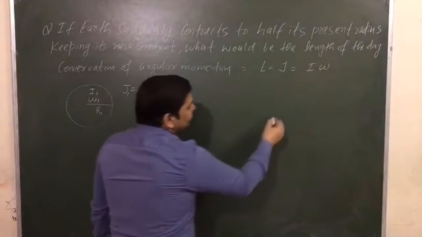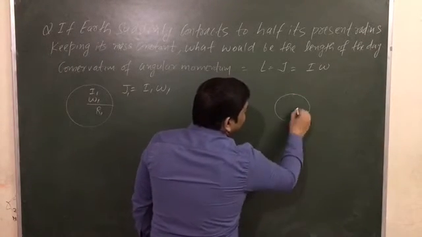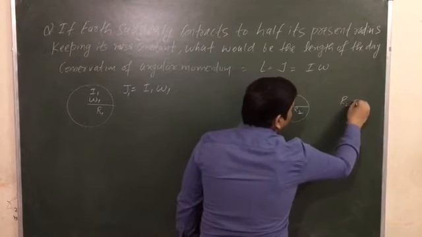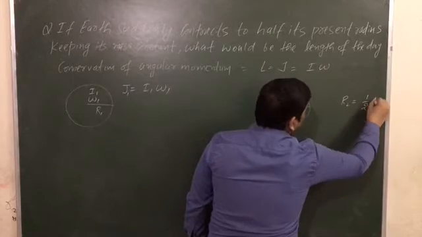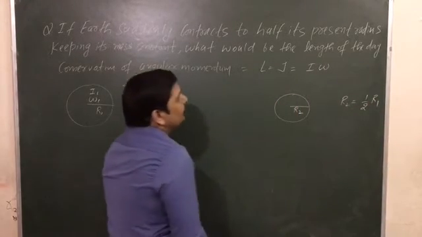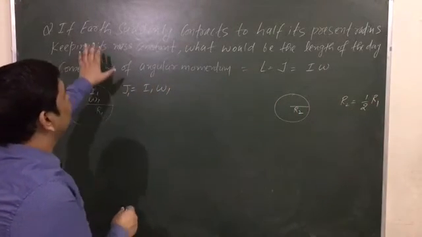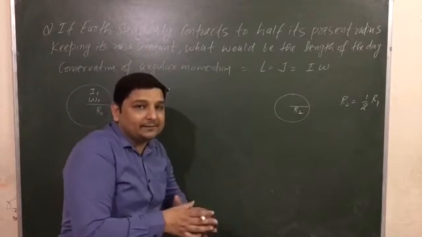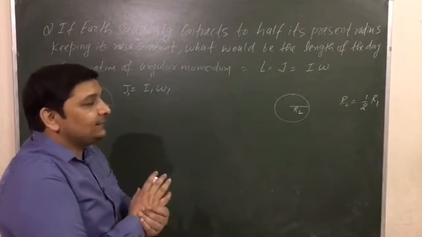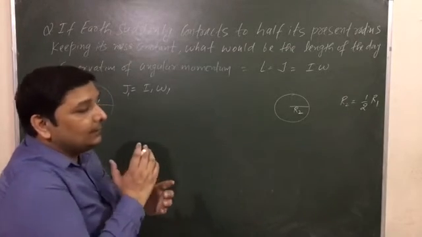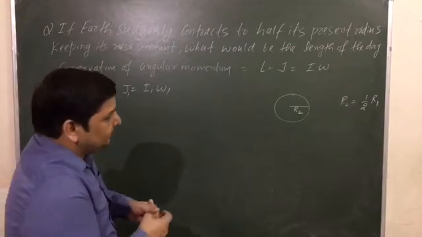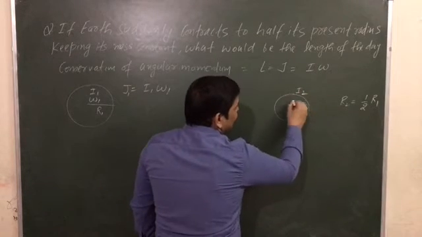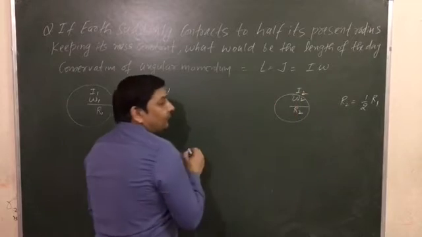In the second case, its radius decreases and R2 is given by 1 by 2 R1, because Earth suddenly contracts to half its present radius. Therefore in the second case radius becomes 1 by 2 into R1. Let us consider I2 the moment of inertia, omega 2 the angular velocity.